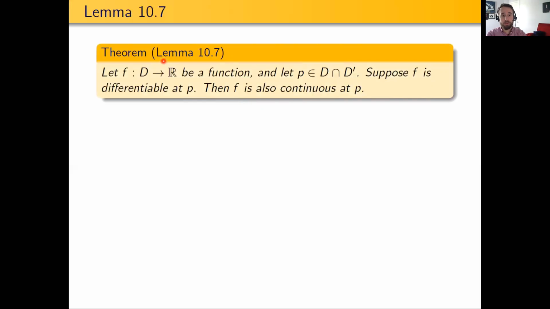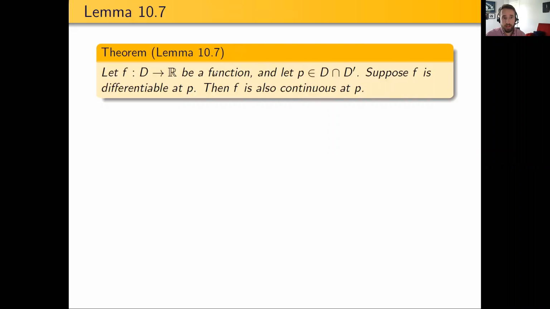What we're going to prove here is a theorem, or a lemma, which says that if we have a function that is differentiable, then that function is also continuous. So every function that is differentiable at a point is automatically continuous at that same point. Okay, let's go ahead and try to rigorously prove this.